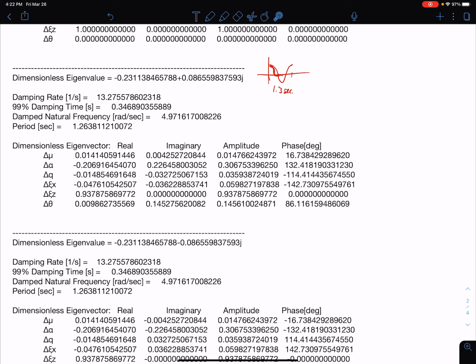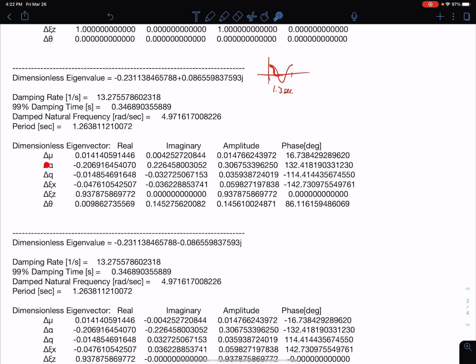Okay, so let's look at what this mode is composed of and what's actually happening in the physics, and we get that from this eigenvector here. We can look at the components of this eigenvector, and what we're going to be doing here is comparing like values. For example, our x and z coordinates are like values.